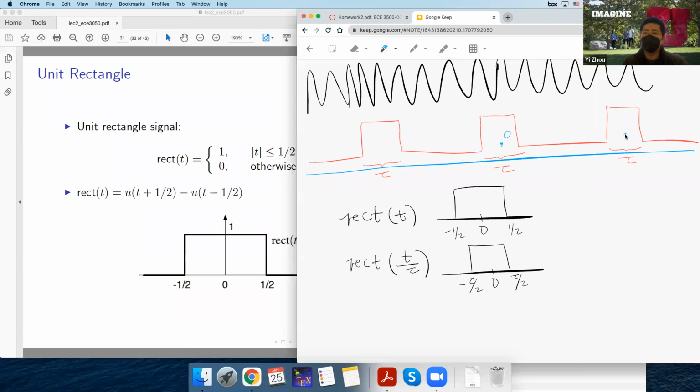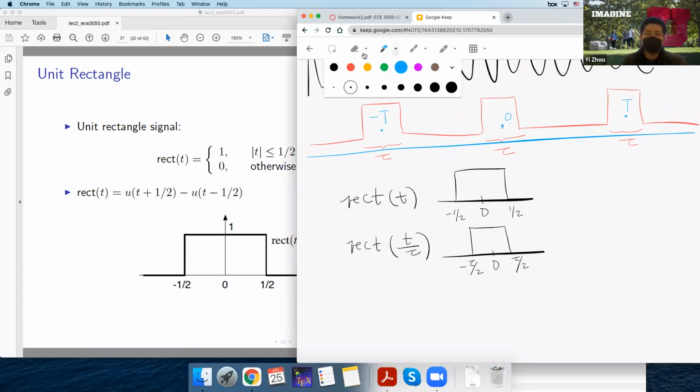This is, let's give it the number T, and this is negative T. And we have more window signals. So it's T, we have 2 times T, 3 times T, and endlessly.